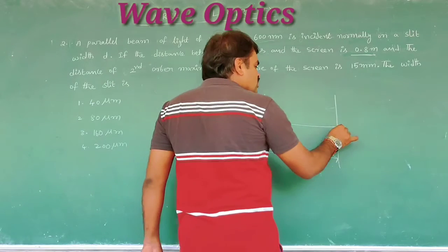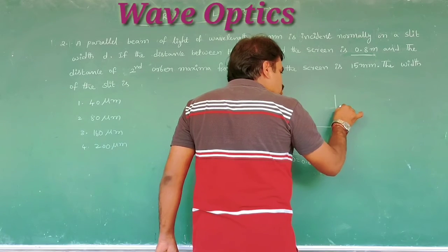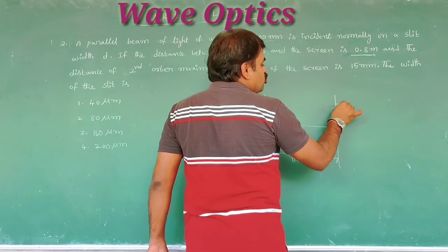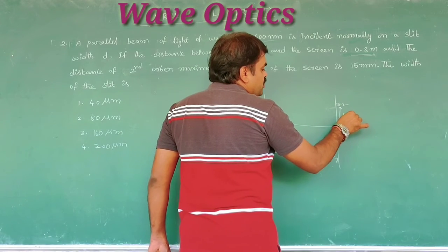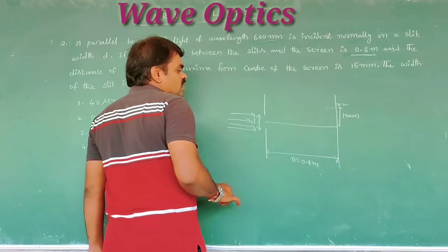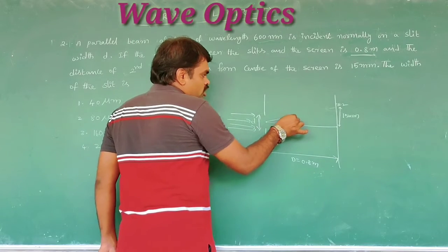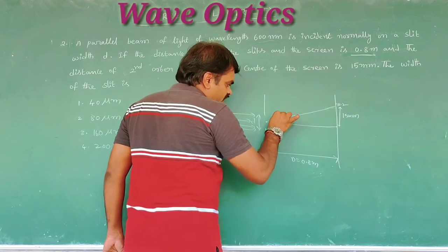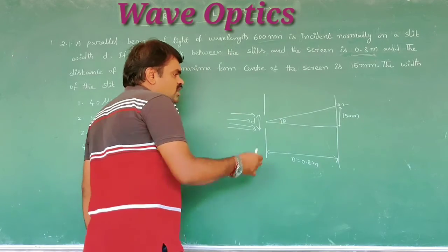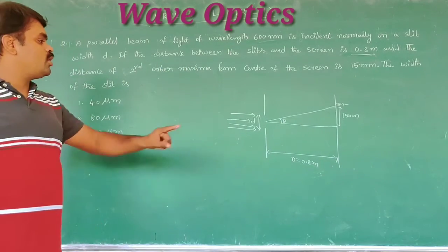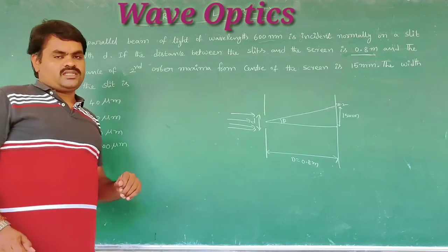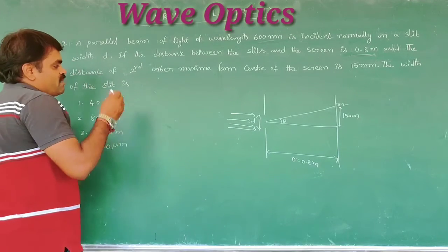The distance from the center maxima to the second order maxima, n equal to 2, they gave as 15 millimeter. From here to here it makes an angle theta. But in the problem they have not given theta, yet they are asking about the slit width.